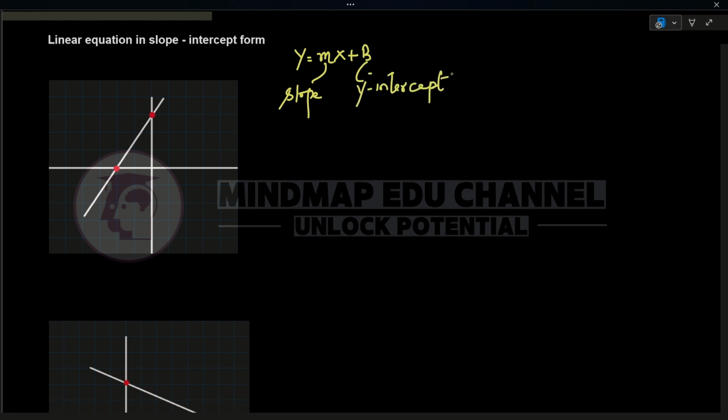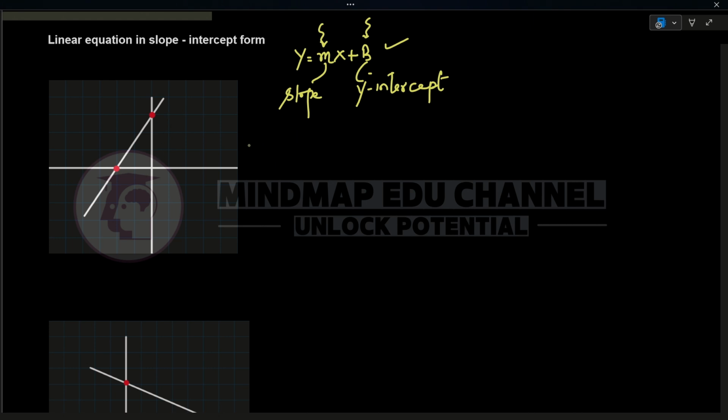What is the y-intercept? It's the point where the graph touches the y-axis. So if we get the value of m, that is the slope, and the y-intercept, then we will have the equation in slope-intercept form. Now focus on the 2 points you can see here.